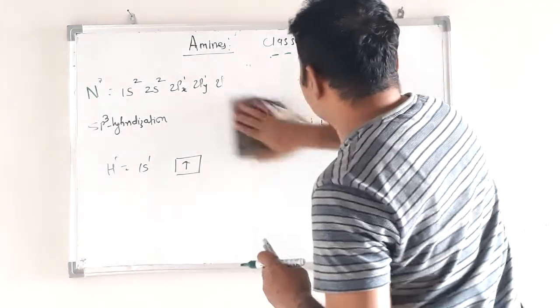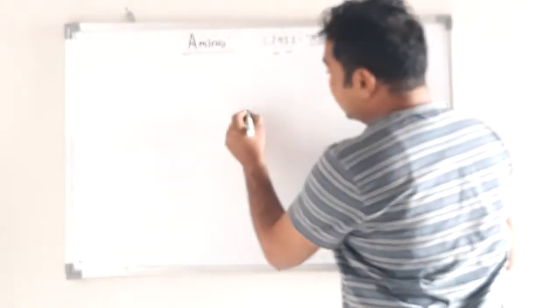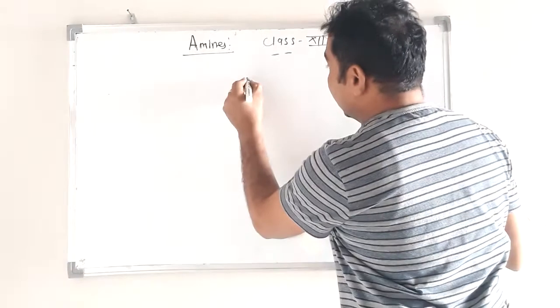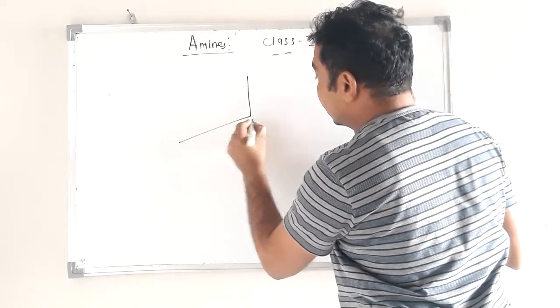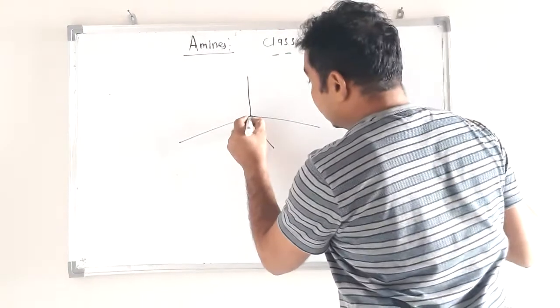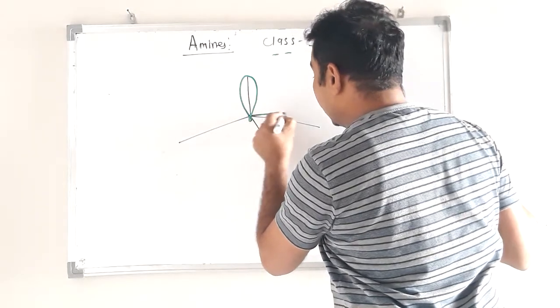Now see how this bond forms and what the geometry of the ammonia molecule will be. This nitrogen has tetrahedral geometry, with 4 orbitals of nitrogen directed toward the 4 corners of a regular tetrahedron.